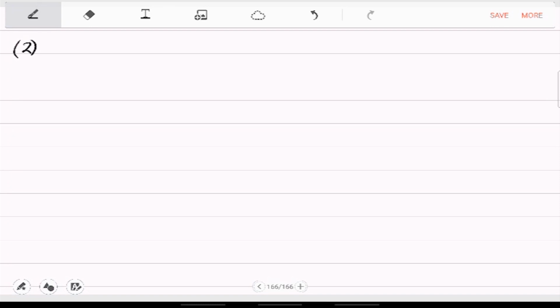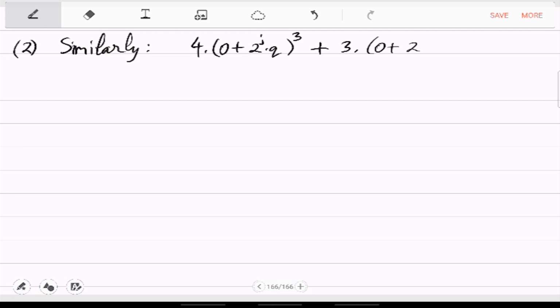what do you get? You have 4 times, now we are talking about 0 mod 2 raised to j, right? So you have just 0 plus 2 raised to j, cubed, plus 3 times 0 plus 2 raised to j, fourth power.